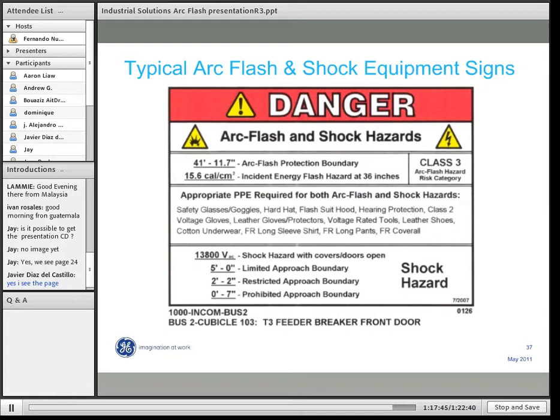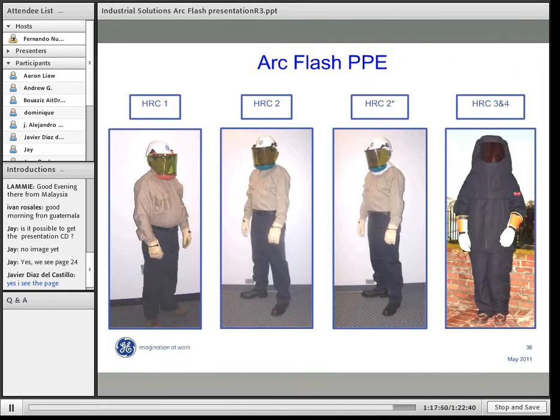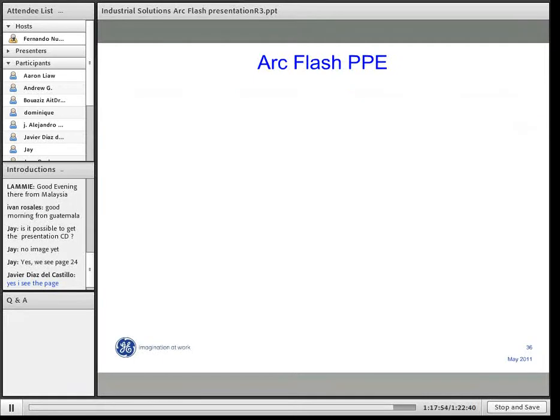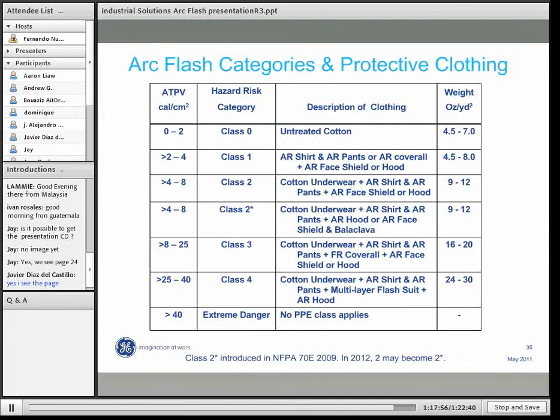This is class 3. So with class 3, you have to be wearing the arc suit over your protective clothing. And if we go back and look at that, class 3 and class 4, you have to wear the flame-resistant coverall and face shield or hood. For class 4, you have to wear a multi-layer flash suit.